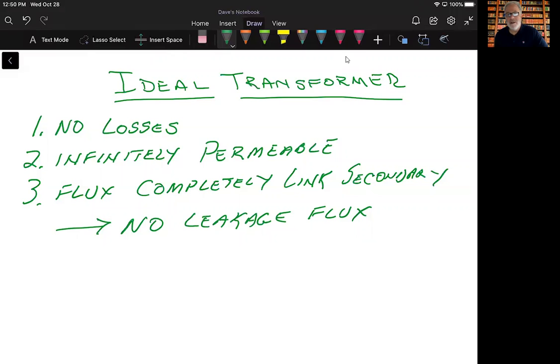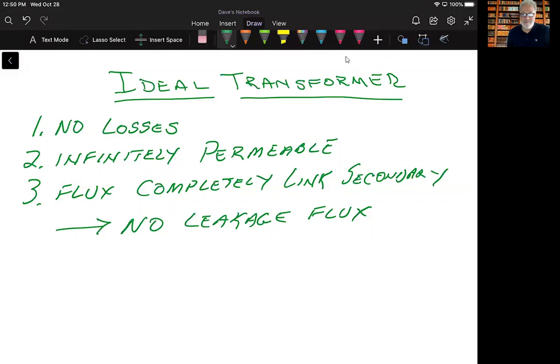But we're going to say for our ideal transformer that it is infinitely permeable. So you're sort of assuming this straight line relationship between increased magnetizing current and flux.